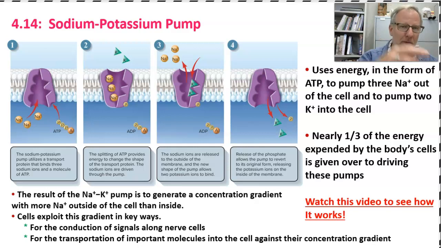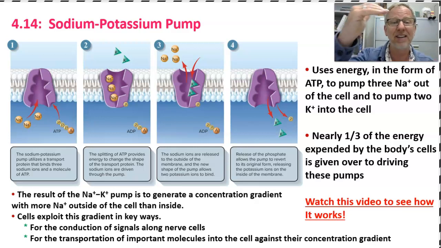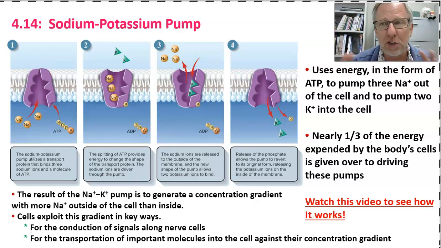So now look at the bottom of the slide. I've got some additional notes. The result of the sodium-potassium pump is to generate a concentration gradient with more sodium outside the cell than inside the cell. And cells exploit or use this gradient in some important ways.